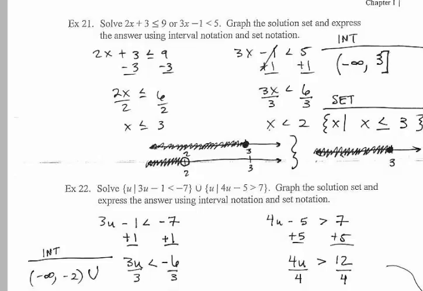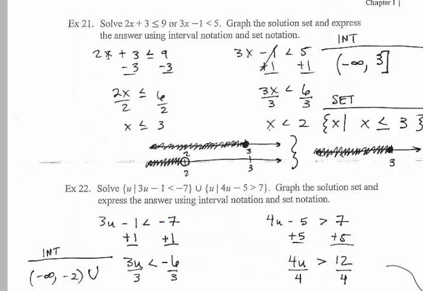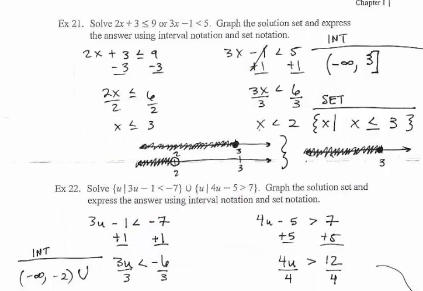Here, we have two inequalities like we did before, but now we have a new word in between there, a new conjunction, or, and that is the union between them.